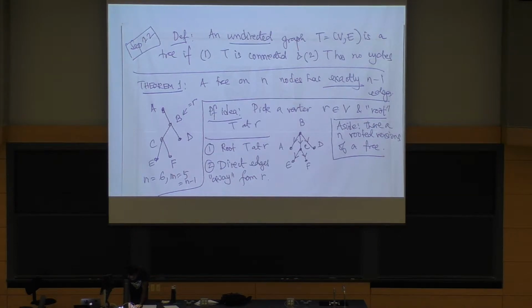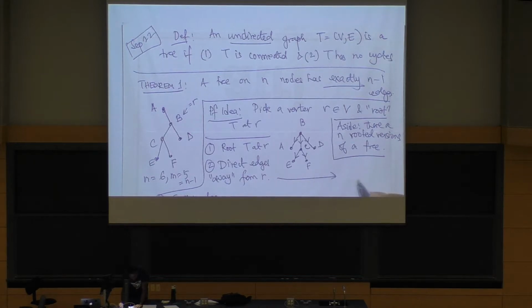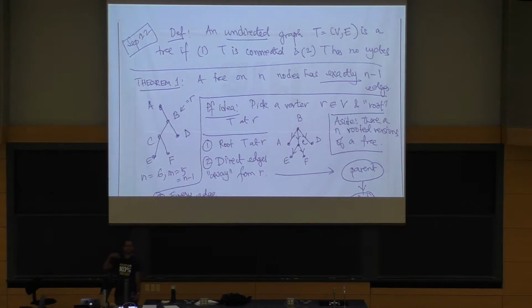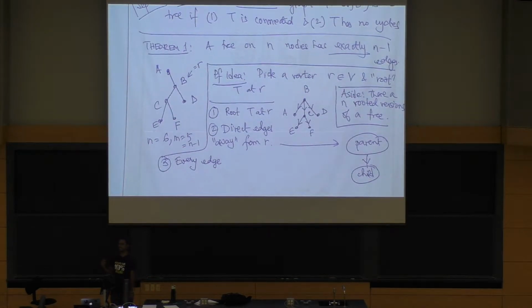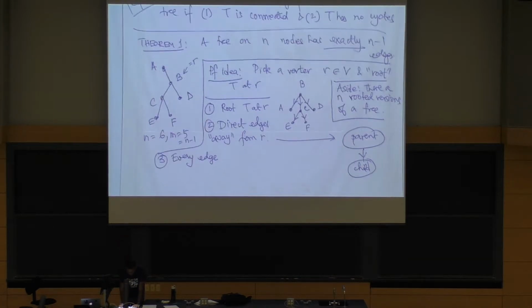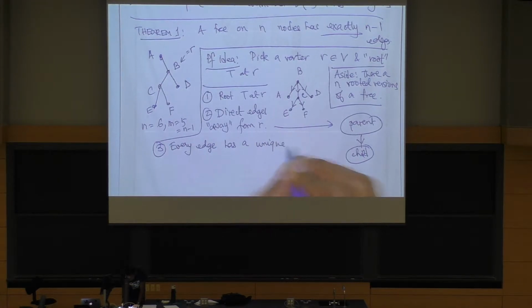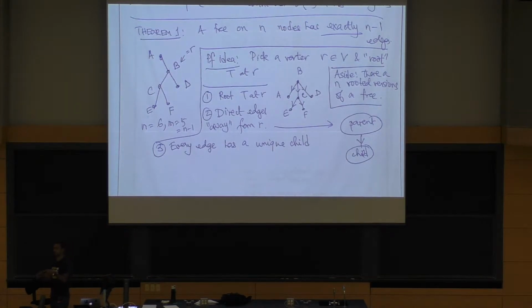And then we're going to prove two things. We're going to prove every edge has a unique child. Once we direct an edge, the node that the edge is pointing to is called the child, and the node from which the edge is pointing away is called the parent. So we're going to argue that every edge has a unique child, that is, every edge will only point to one vertex.